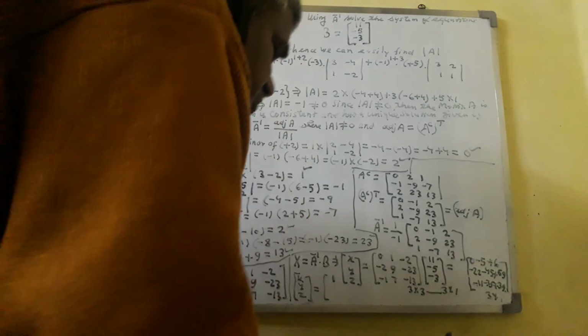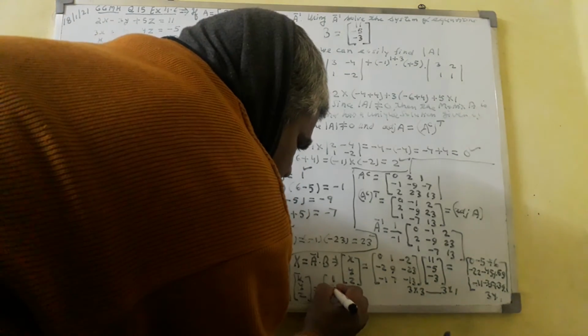Here you can see minus 22 minus 45 comes out to here minus 67. Minus 67 plus 69 comes out to here 2. Right, here 2.